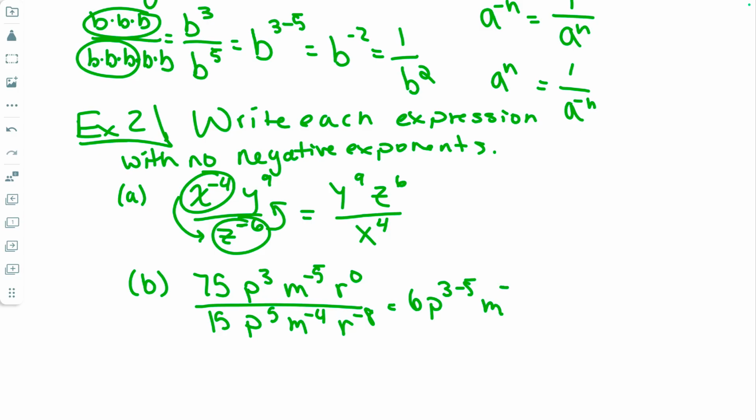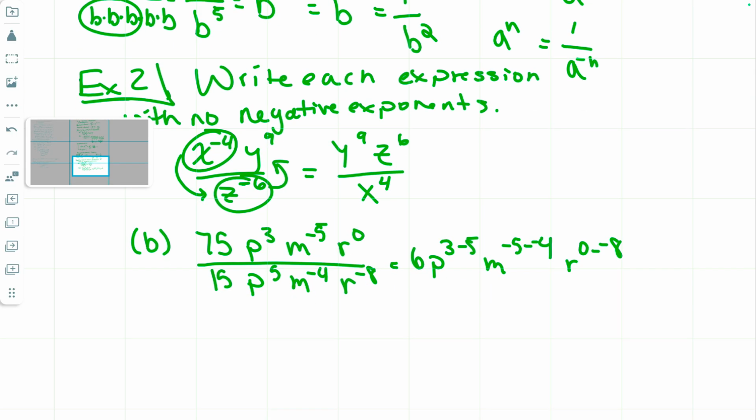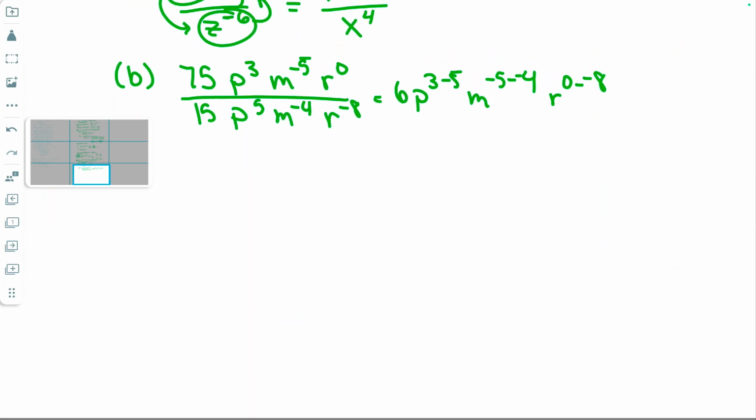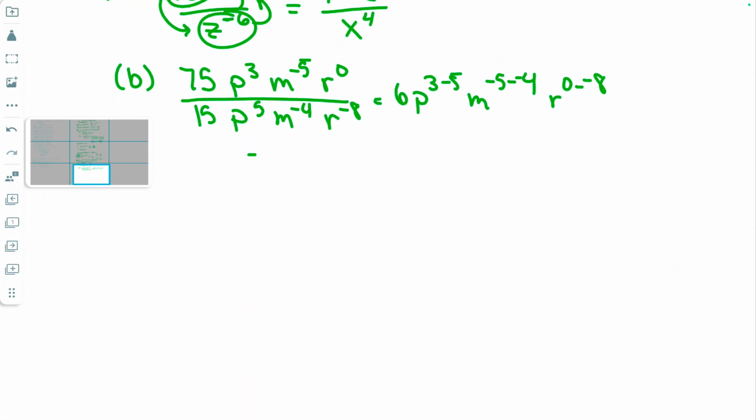M raised to the negative 5 minus negative 4. R raised to the 0 minus negative 8. Okay. So I'm using that very first property. This gives me 6p to the negative 2, m to the negative 1, r to the 8th.